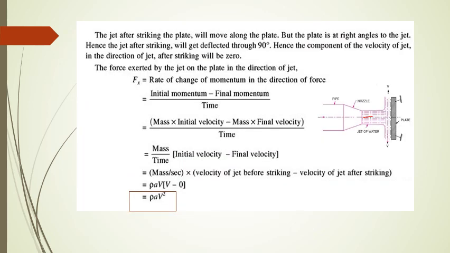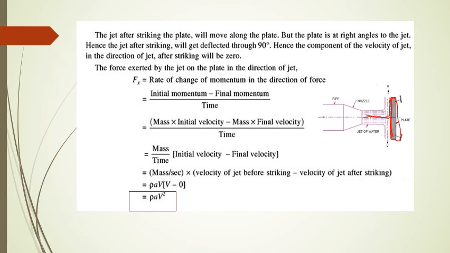Here the jet of water strikes the plate and moves along the plate. The plate is kept at 90 degrees, so the water also gets deflected through 90 degrees. There is no component of velocity here.